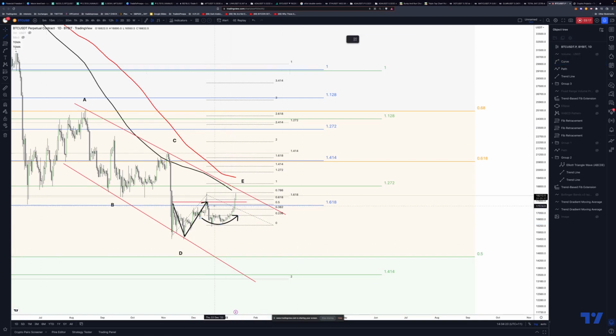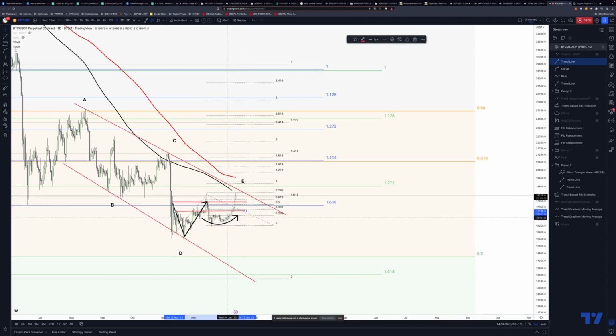So the neckline is that, and can we do this as a neckline? Not sure, that's the difficult part. So we've got two levels of interest. That neckline is already, this harmonic or this measured move has taken place, so we've pretty much come to it.